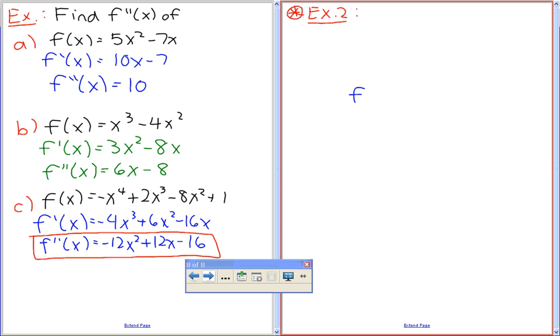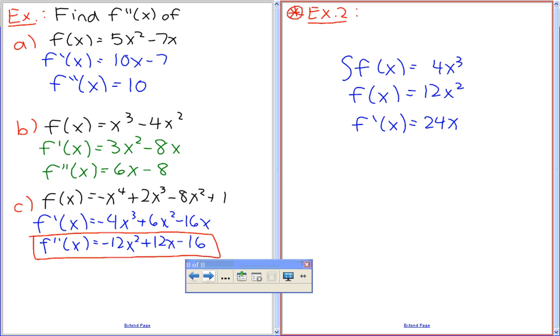Let me just quickly do this. If f of x is equal to, let's say, 12x squared, f prime of x is equal to 24x. Now if you want to take the integral, going back, what's it going to be? Is there any other option that could give me 12x squared?